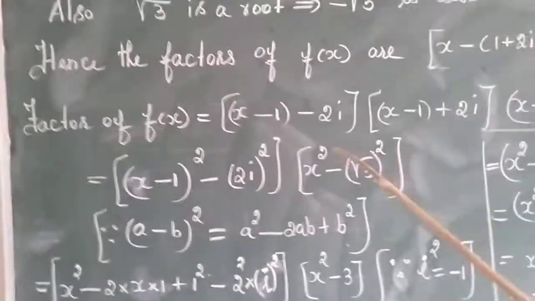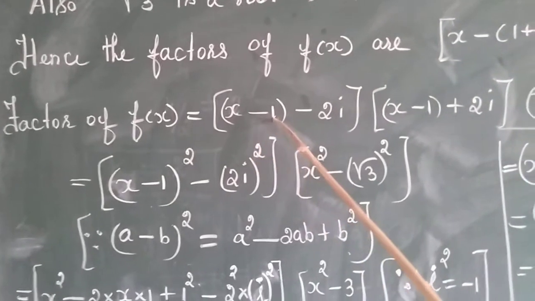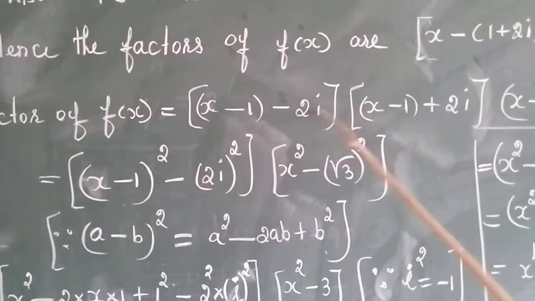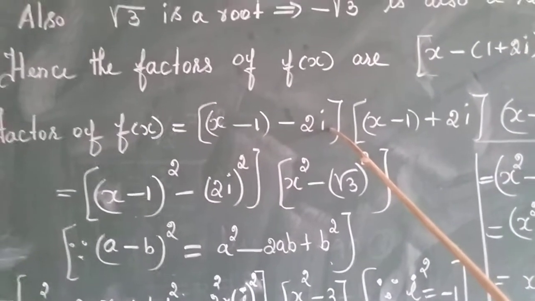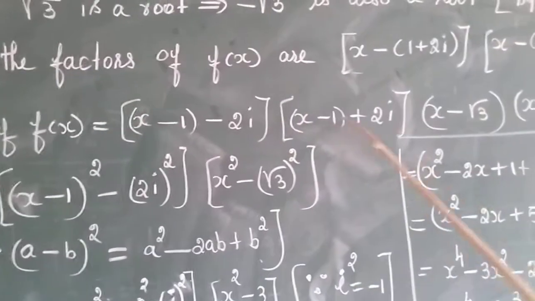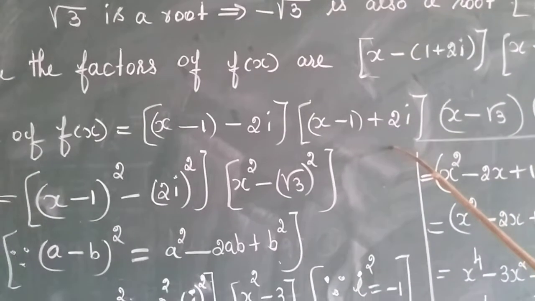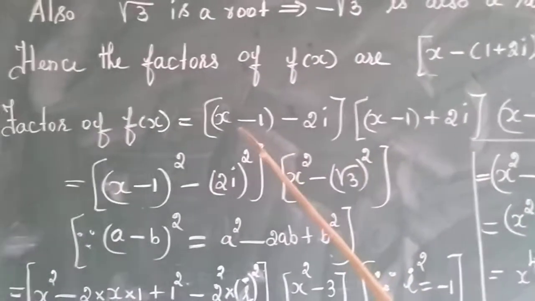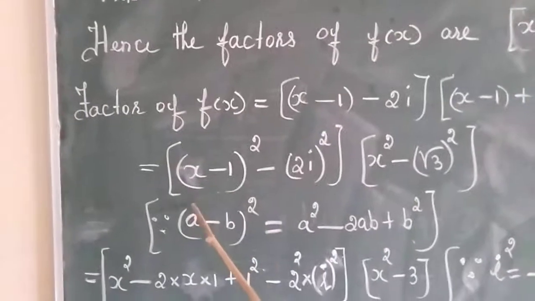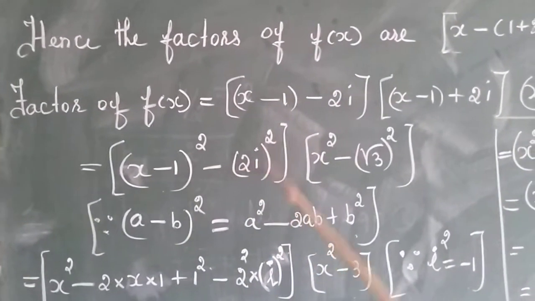In the next step, suppose we take x minus 1 as a and 2i as b, we could find it is in the form of a minus b into a plus b. So we can write this as a square minus b square. In the place of a is x minus 1, the whole square, minus b, that is 2i, the whole square.